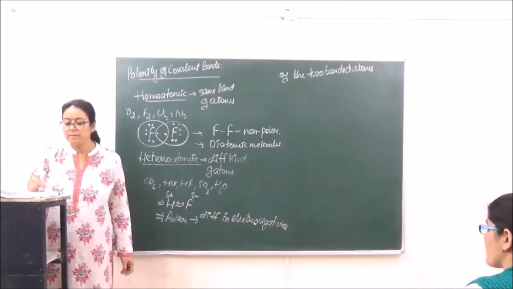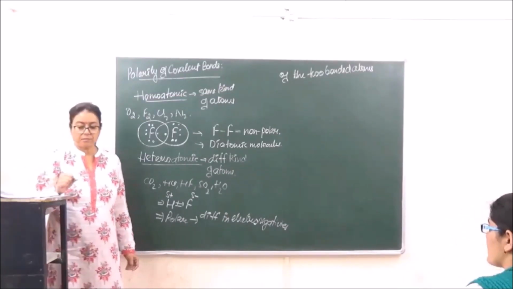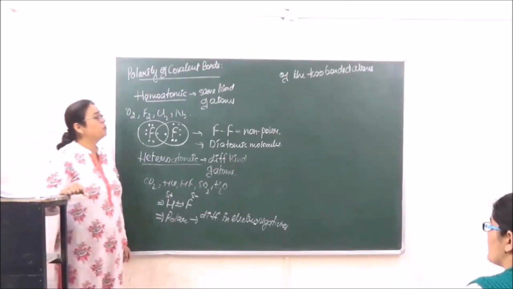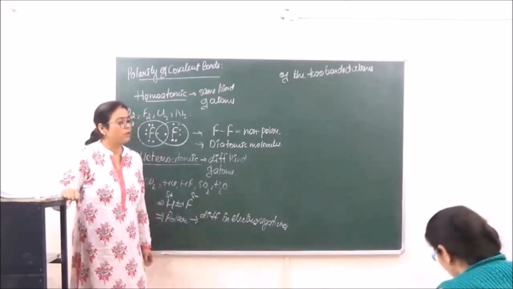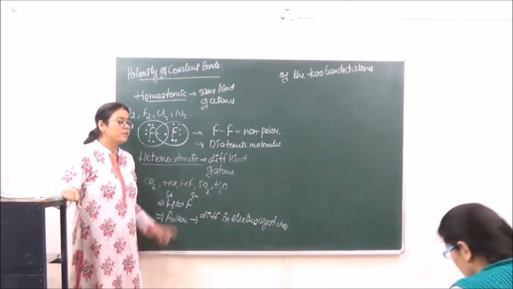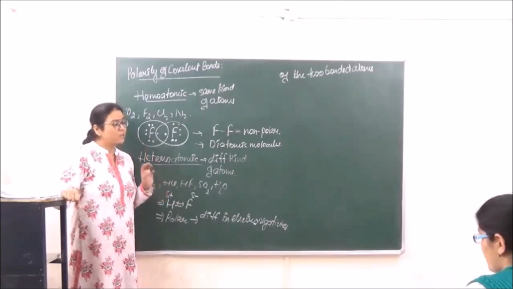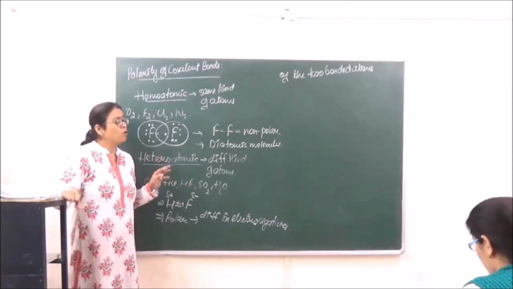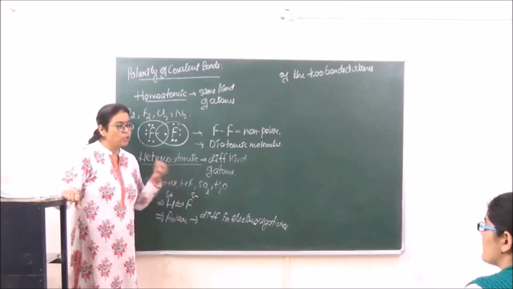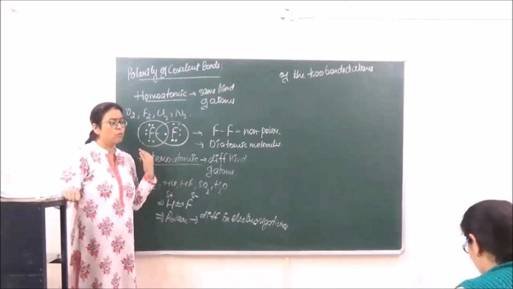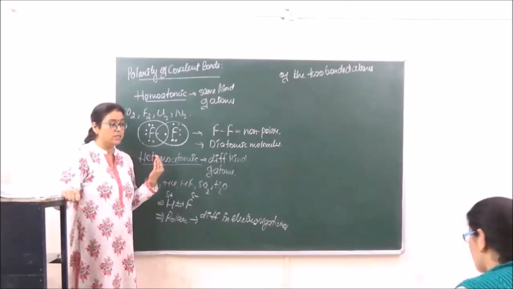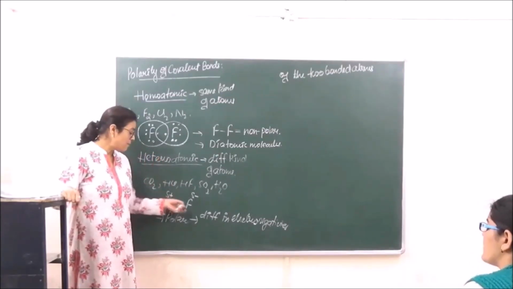Basically, what do we say when we are talking of polar bonds? We can compare it with a game of tug of war. You know what happens in tug of war? There is a rope, okay? There are two teams present. Both the teams are trying to pull the rope towards themselves. The stronger team can pull the rope more towards itself and that team wins, right? So the same thing is happening over here.